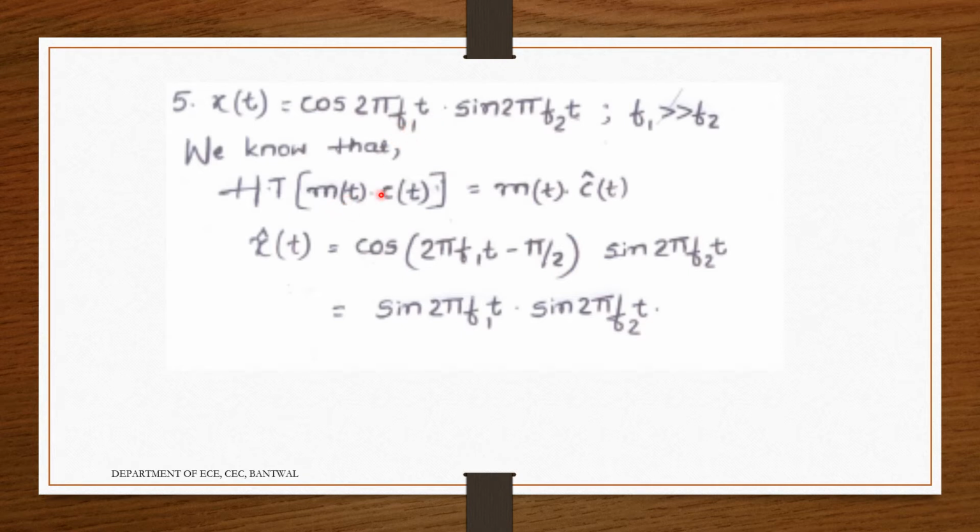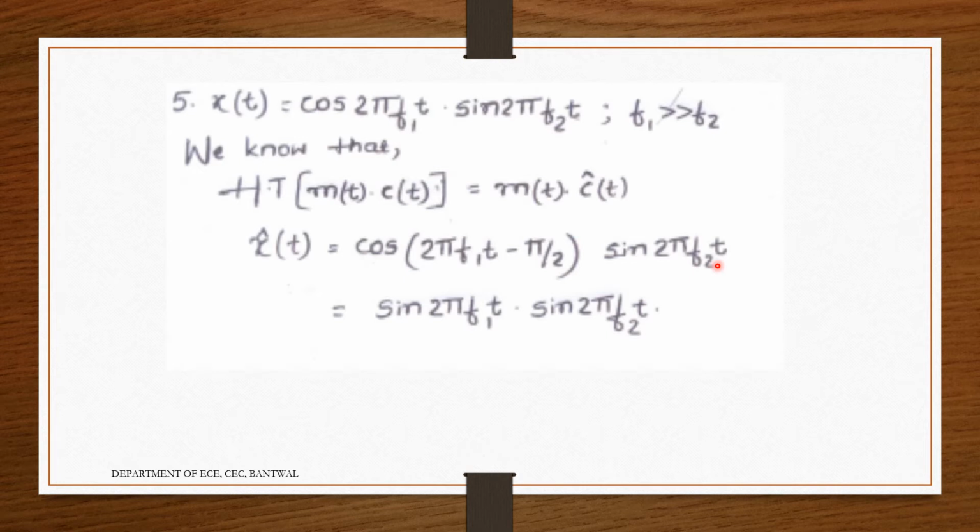Hilbert transform of message signal into c of t is nothing but message signal m of t into c cap of t. x cap of t is equal to cos 2 pi f1 of t minus pi by 2 into sin 2 pi f2 of t.